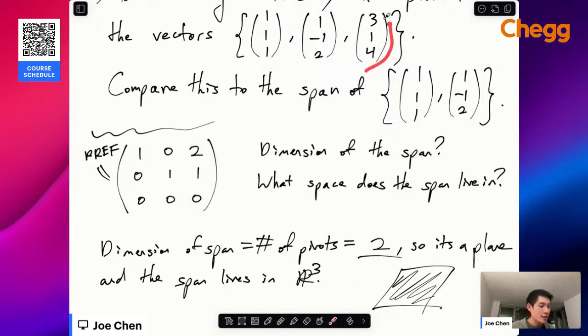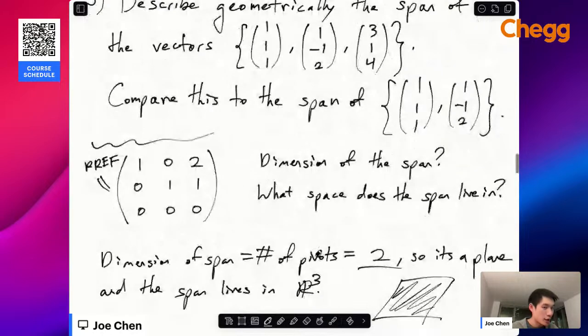And adding this didn't add anything to the span, which means that this vector is already in the span, already in this plane. Geometrically that vector is already here. It's not lying somewhere else.